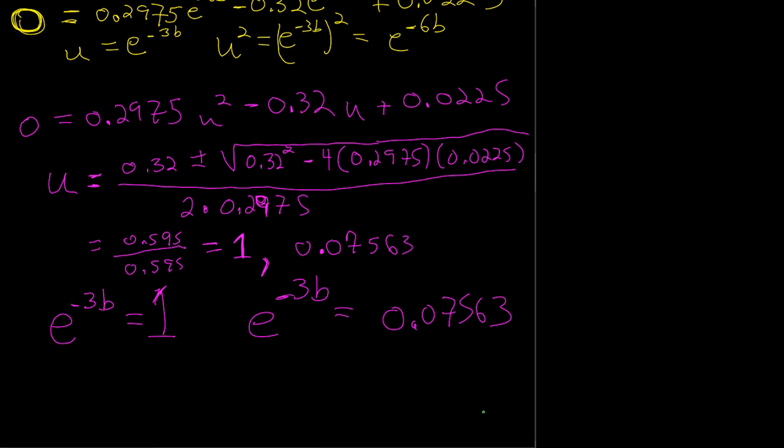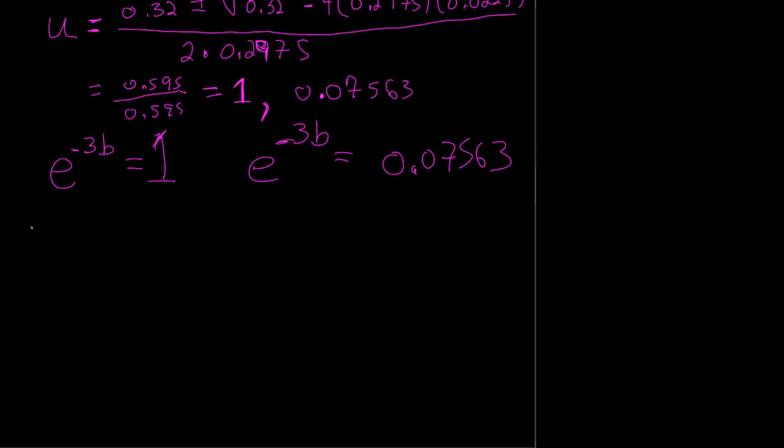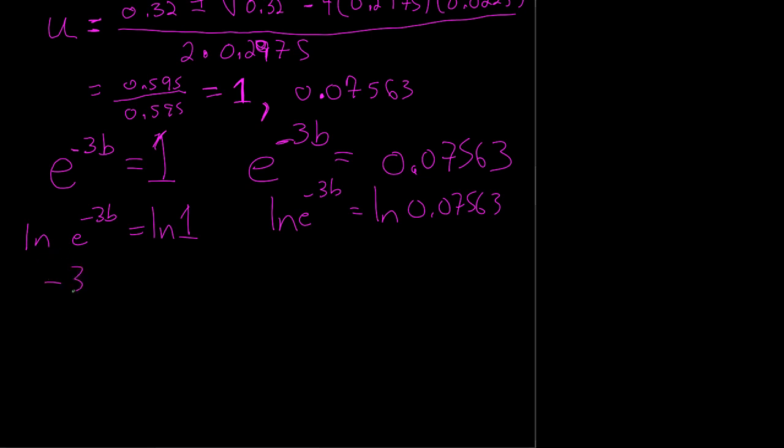Well, I can use my ln. If I take the natural log of both sides, the bases cancel, and that gives me negative 3b, and the natural log of 1 is 0, so b is 0 for one of my answers.